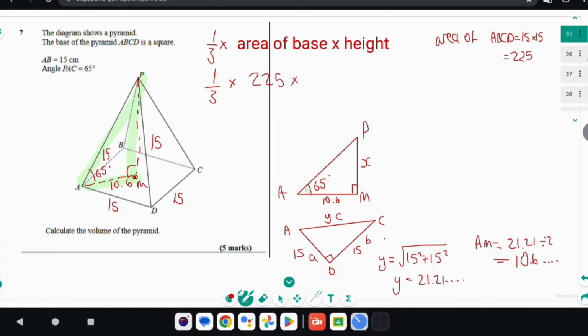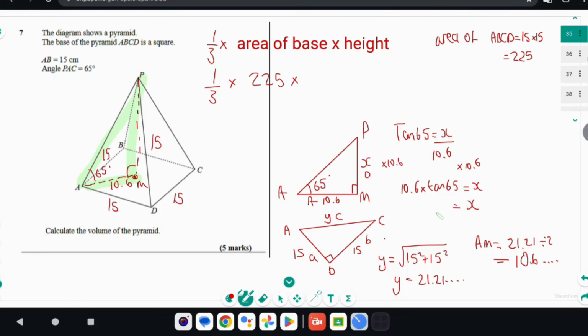And then we've got SOHCAHTOA to find X. We've got O, we've got A, we've got tan again, TOA. Tan theta equals opposite over adjacent. So times both sides by 10.6. So 10.6 times tan 65.